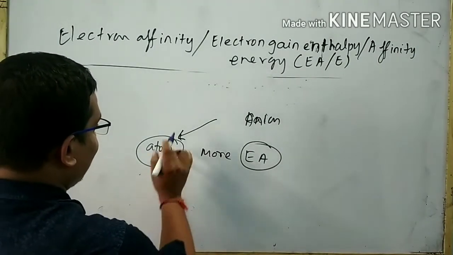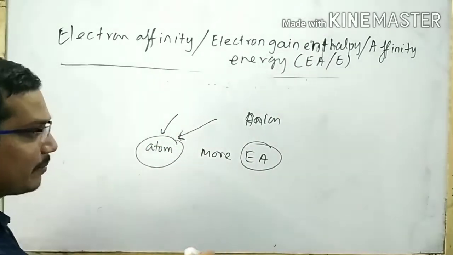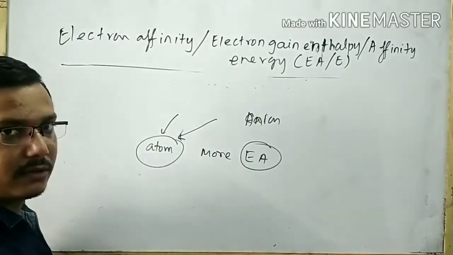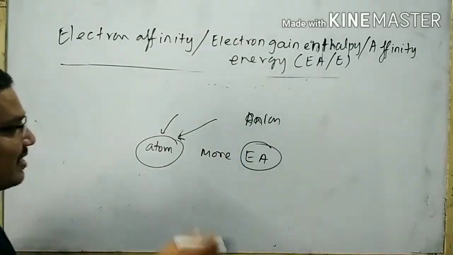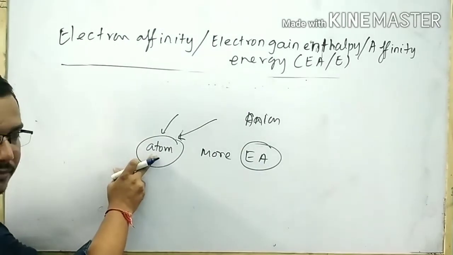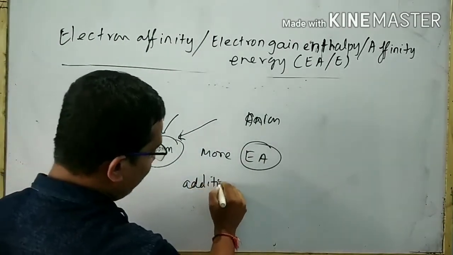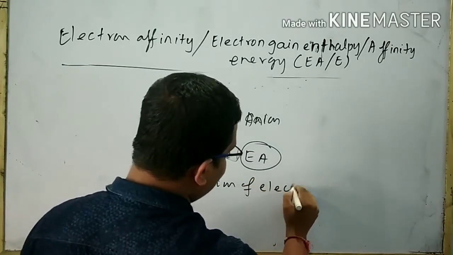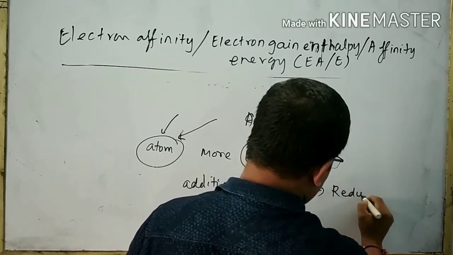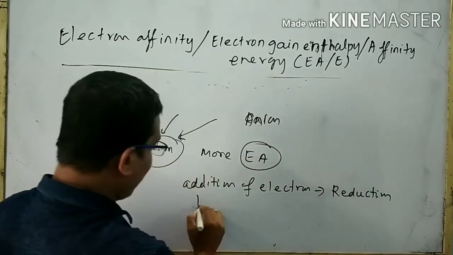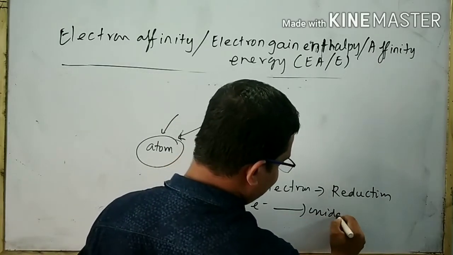That means it has more tendency to help another atom lose the electron, and that lost electron is gained by this atom. We know that addition of electron is called reduction, loss of electron is called oxidation.